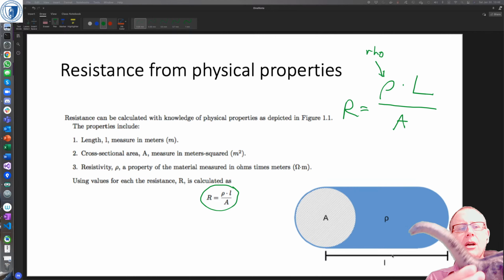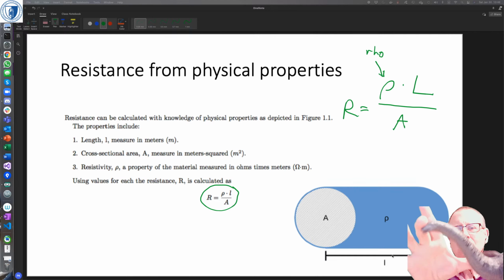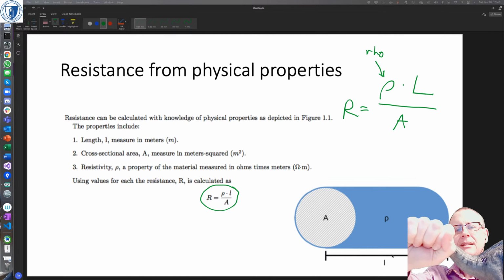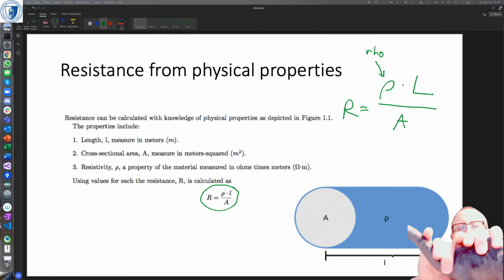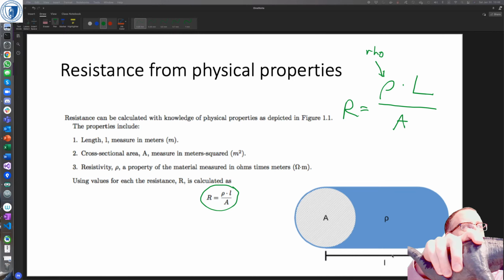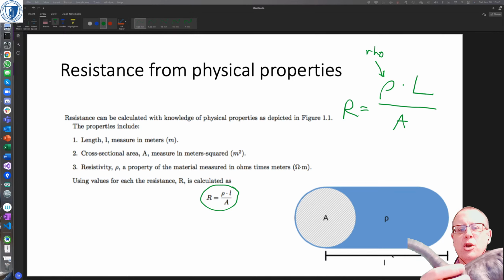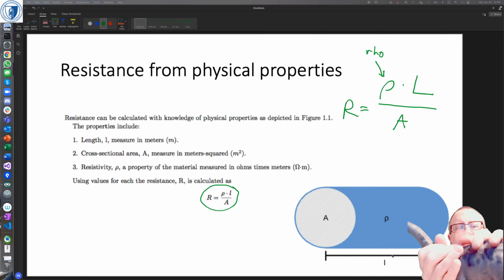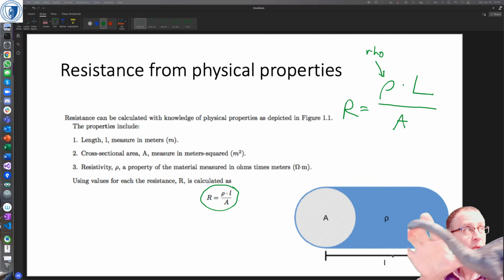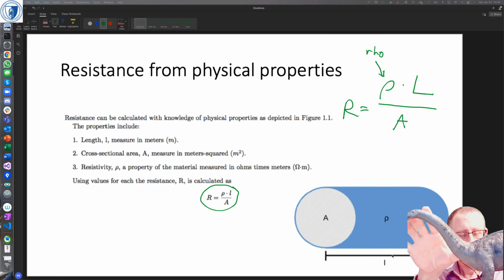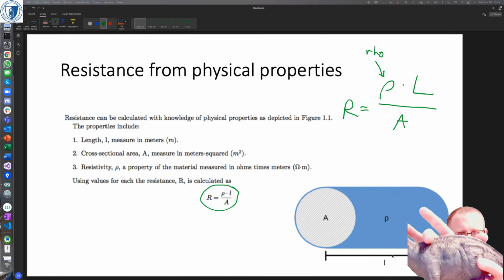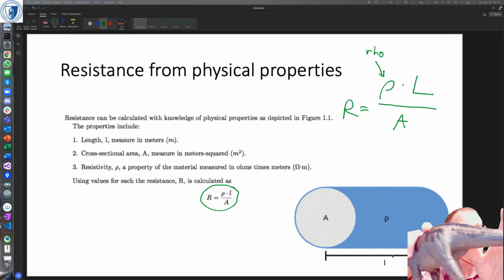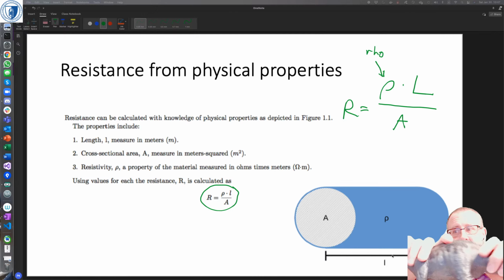So the way I'd go about it is I'd think about his neck as one cylinder, his body as another cylinder, and his tail as another cylinder. Even though I'm not going to integrate them, I can think about them being 3 separate cylinders. There's a cylinder here which has 1 resistance, another cylinder for his body, which has another resistance, and they're connected in series. And then I have another resistor for his tail as the last one.